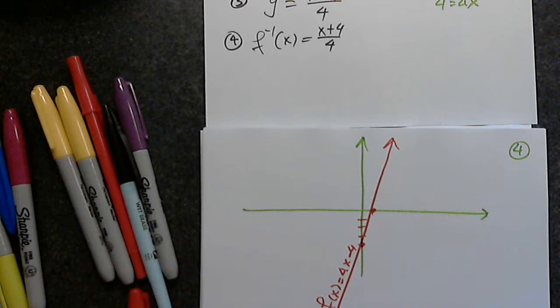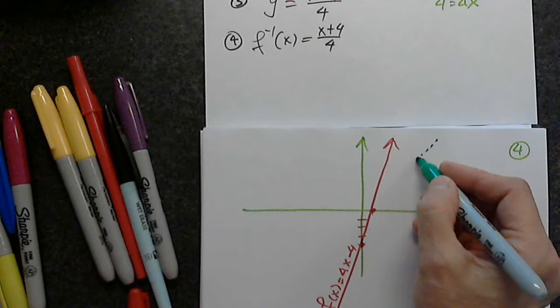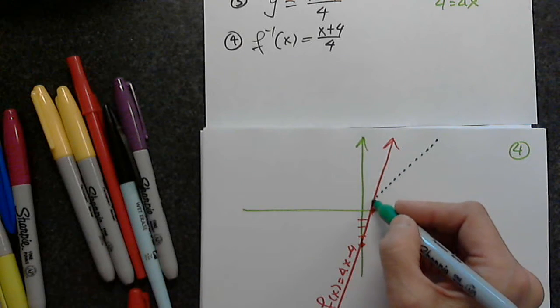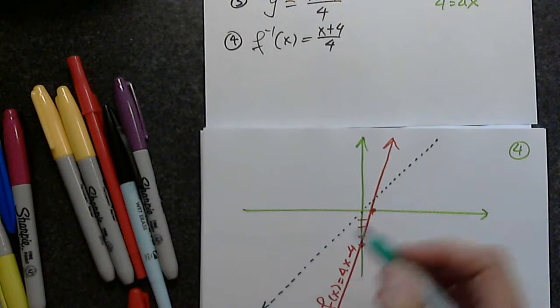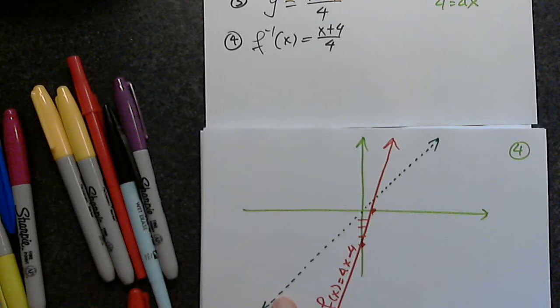Now I will graph. And please tell me what am I graphing now? In transformations, this was the first function we looked at. The simplest possible linear function. What is it?